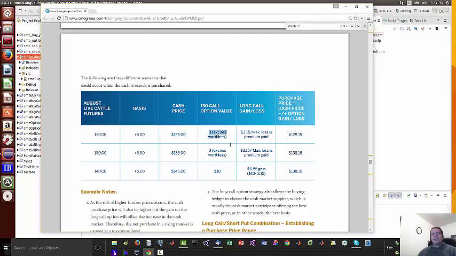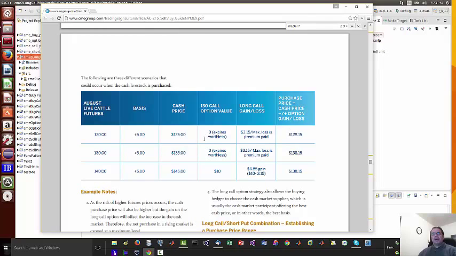This means the option will expire worthless, but we still want to calculate our long call gain or loss at 315, which is the premium. Because the option expired worthless, we're paying at most the premium. So that puts us at a purchase price of 125 plus the max loss of the premium, 128.15.